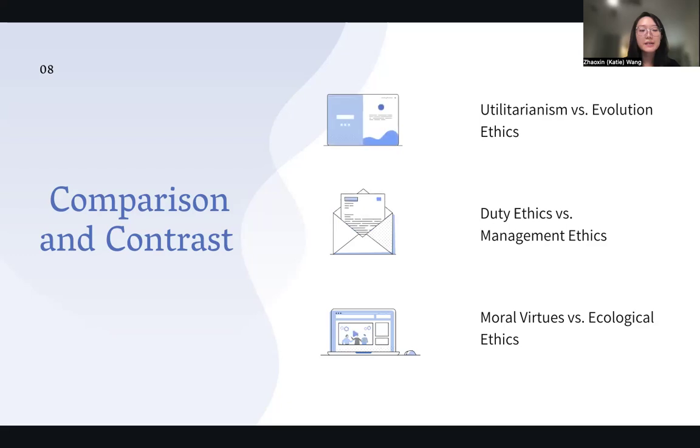And then the last comparison is moral virtue versus ecological ethics. Moral virtue ethics emphasizes personal character development and the cultivation of virtue, while ecological ethics, on the other hand, focuses on broader environmental responsibilities and the ethical implications of our actions on ecological systems.